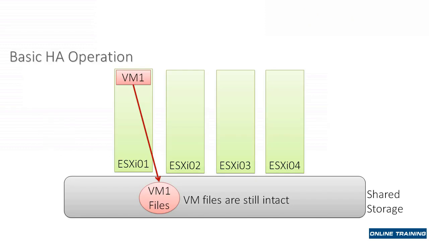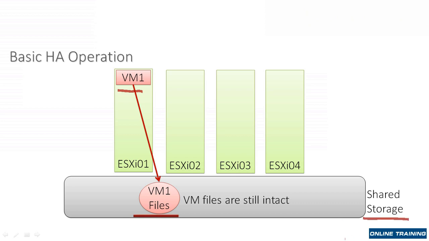So let's take a look at how high availability works. Here you can see I have a VM called VM1, and my VM is running on host ESXi01. Right now everything is fine. My VM is working, it's running on host 1, and my VM also has access to all of its files that are down here on shared storage.